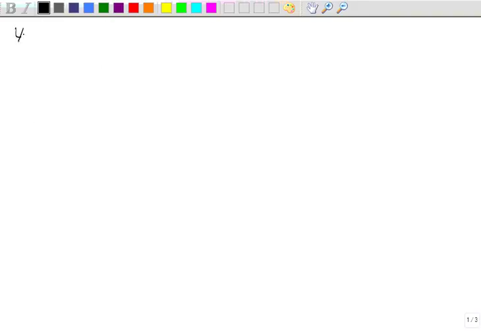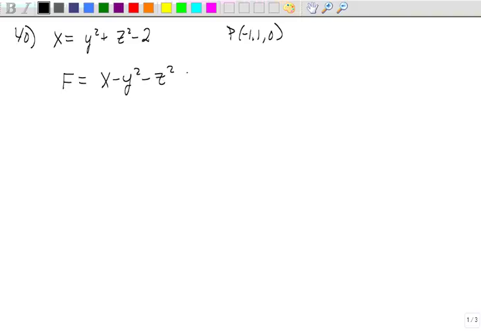Okay, let's do 40. At the point (-1, 1, 0), here I want the equation of the tangent plane. So for the function, we get everything on one side so it equals 0, and we want it in the direction of (1, -2, 0).